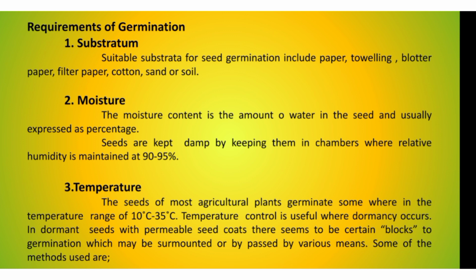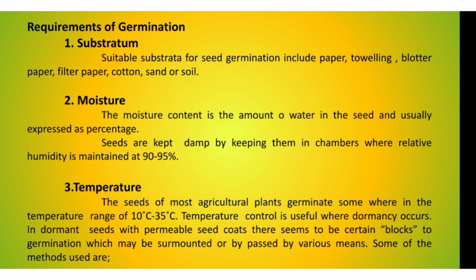The seeds of most agricultural plants germinate somewhere in the temperature range of 10 degrees Celsius to 35 degrees Celsius. So temperature control is useful where dormancy occurs. In dormant seeds with permeable seed coats, there seem to be certain blocks to germination which may be surrounded or bypassed by various means.